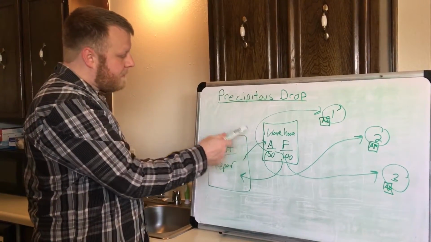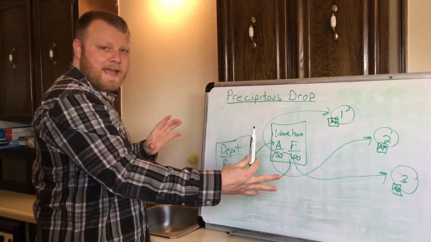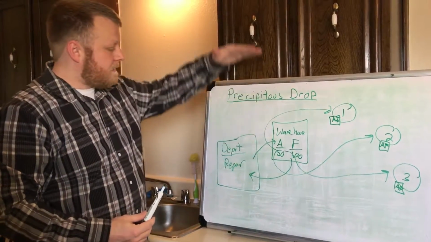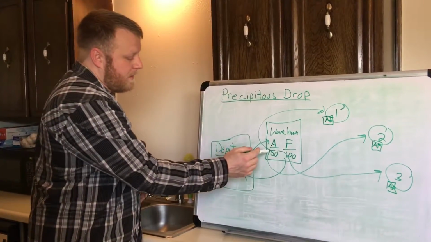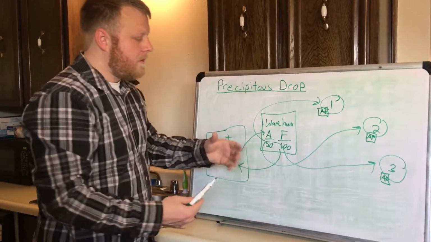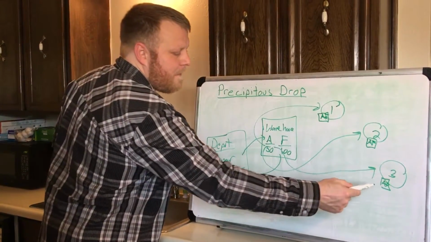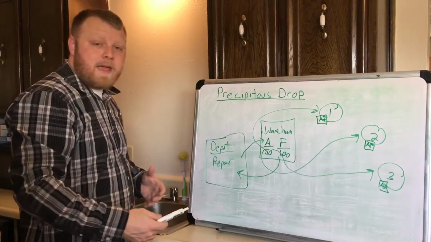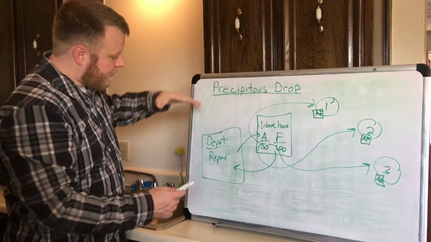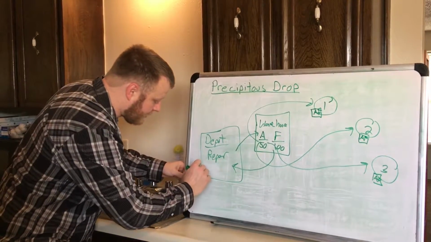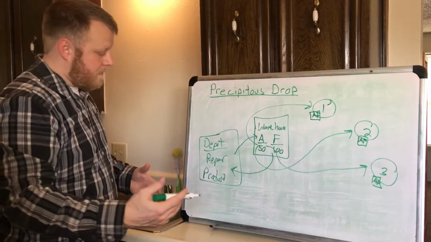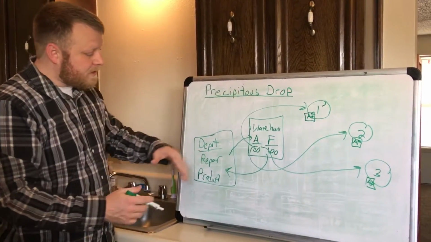And what a precipitous drop is, now that you have all this data and all this knowledge, is when the base's demand level starts rising higher. So instead of demanding one a month and two a month, it's now 3 and 5, or something higher. Whatever it may be, the demand level is increasing. But the repair or production level on an MR line or dictated through Express doesn't change.